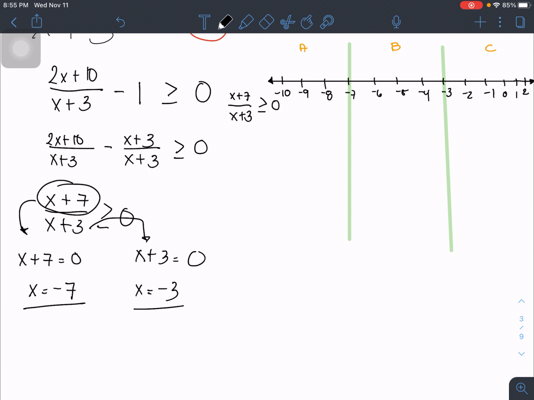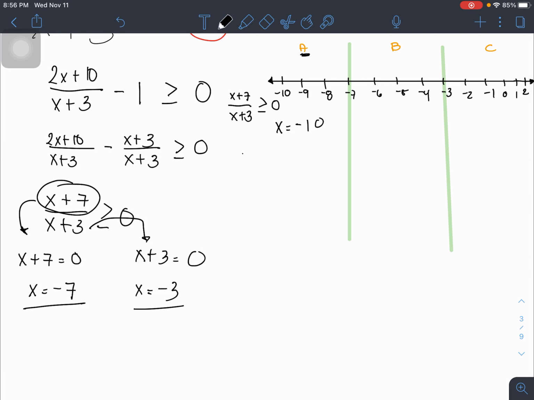For example, for region A, let's prove if region A is true. I need a number lying in region A, so I'll use negative 10. Let's say x is equal to negative 10.